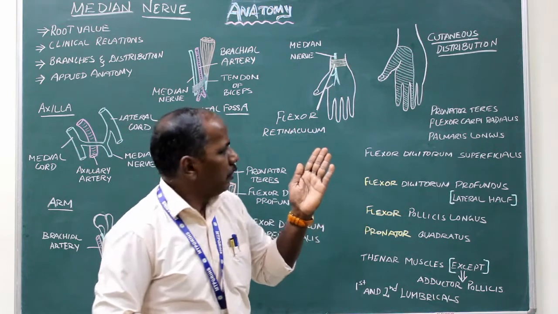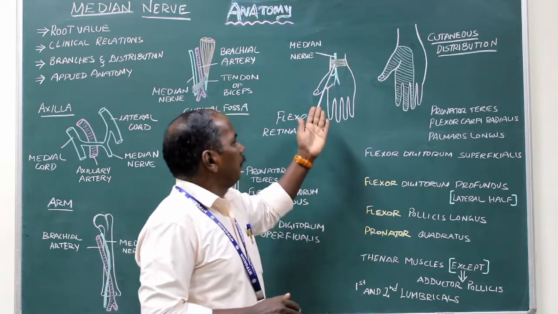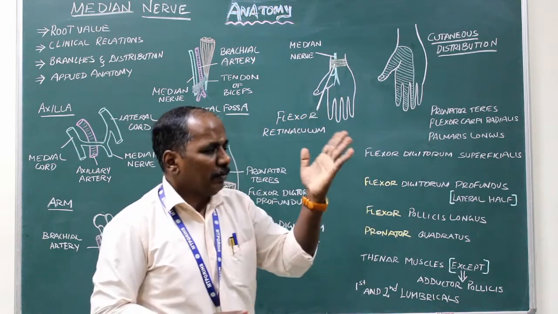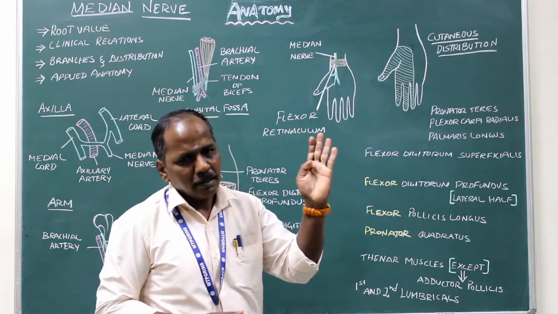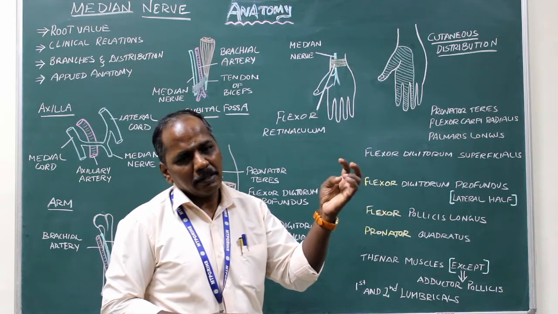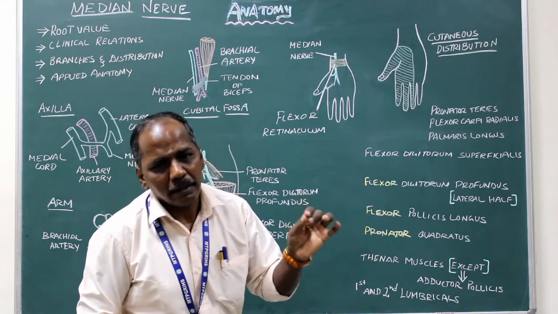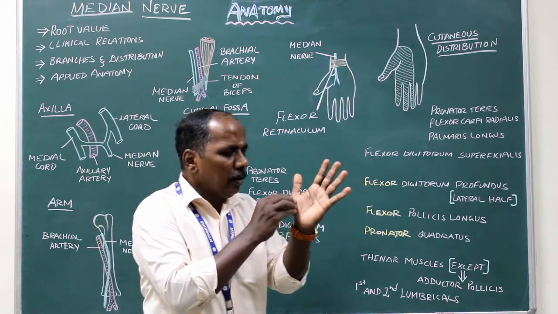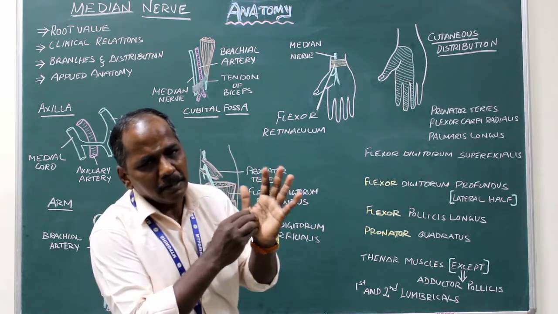Out of these, the median nerve supplies flexor pollicis brevis, abductor pollicis brevis, and opponens pollicis. That is, except adductor pollicis, it supplies all the muscles of the thenar eminence.